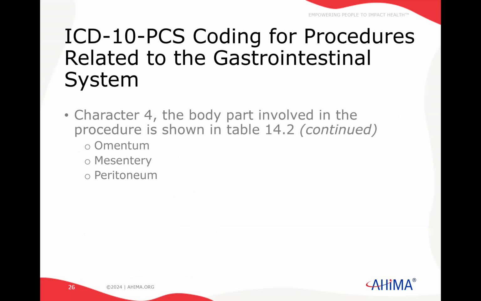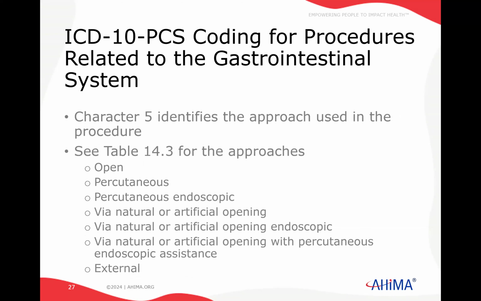We have the peritoneum, and now we're going to get into the 5th. We have the approaches, and this is where sometimes people get a little bit confused. All these are fair game that are mentioned in Table 14.3 in your text and also the code book. You could have open procedures. You could have percutaneous. You could have percutaneous through an endoscopic approach.